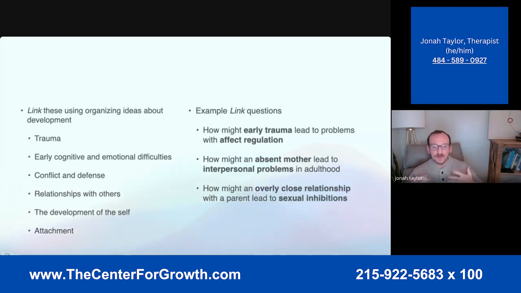That's something that's happening right now. How might an absent mother from development lead to interpersonal problems in the present, in adulthood? How might an overly close relationship with a parent from development lead to sexual inhibitions in the present?